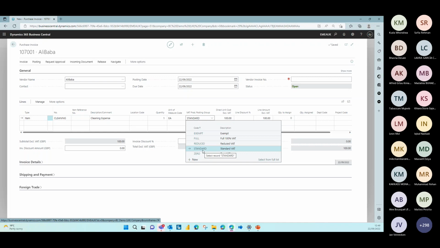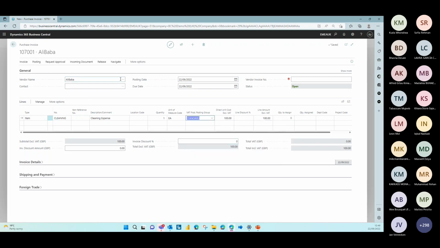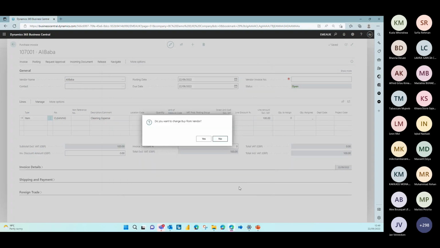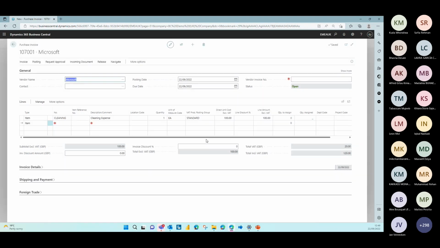Oh, Alibaba, sorry. Alibaba was foreign, wasn't it? Wrong. Should use Microsoft. And that's why it came out 0. Microsoft was domestic. So then if we look at this, can you see it works out that 20 and it's grayed out?